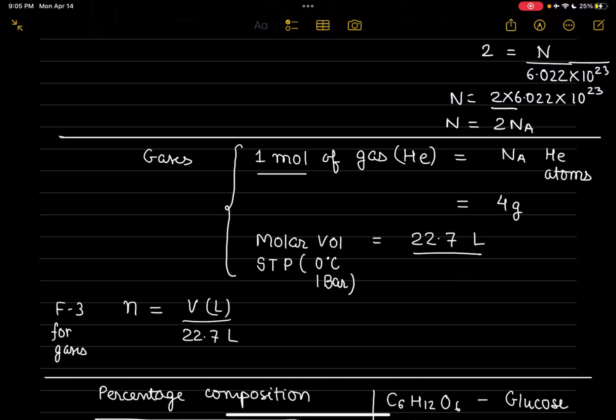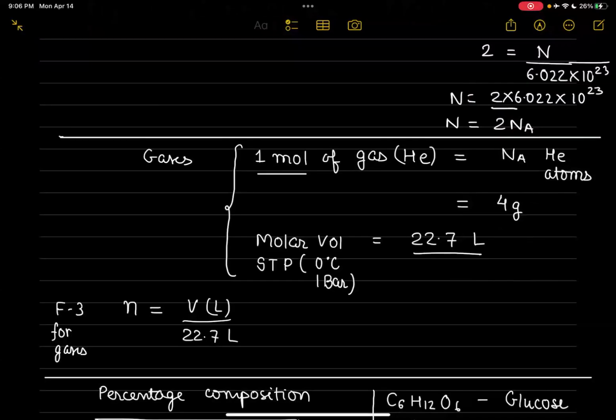So 1 mole of gas is measured by its volume, and that is called molar volume. But for gases, you need to define the temperature and pressure also, because if you put a lot of pressure, the volume will come down. If you are using less pressure, the gas will expand. That you know.